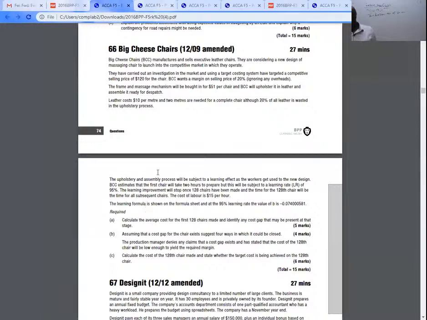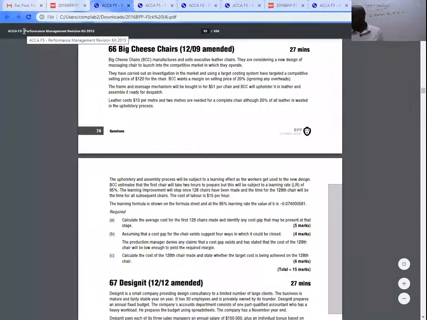They've told us that BCC estimates that the first chair will take 2 hours to prepare. So labor hours, 2 hours. Then have they given us the labor rate, the rate of paying these workers? We can go up a little bit to get the labor.